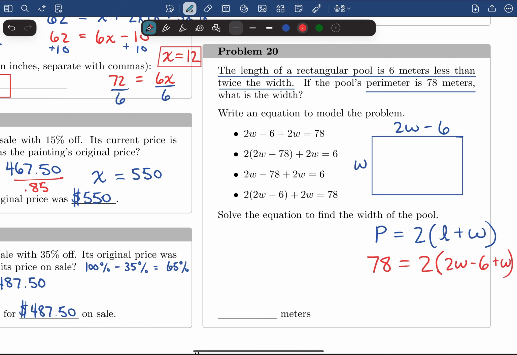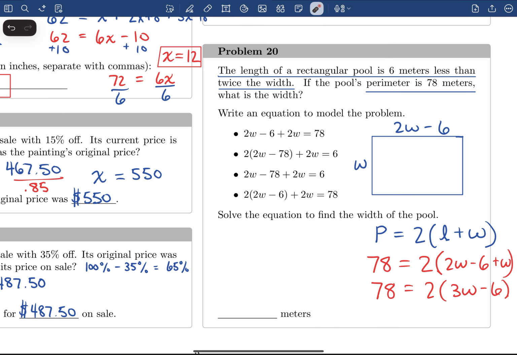Now let's go ahead and see, can I combine like terms to clean this up? 78 equals, well, 2 times 2W plus 1W is 3W minus 6, like that. Does anything so far look like what I've just written?